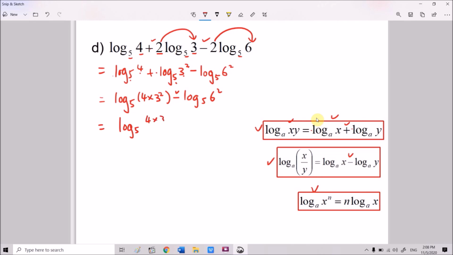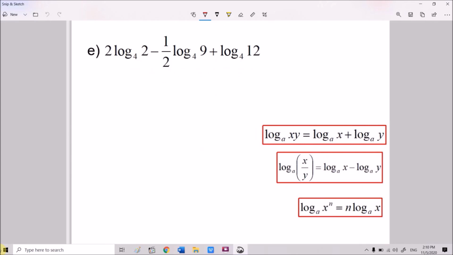You have 4 times 3 to the power of 2 over 6 to the power of 2. You have this. In the previous video, we learned that log of any base of 1 always equals 0. So log base 5 of 1 equals 0.